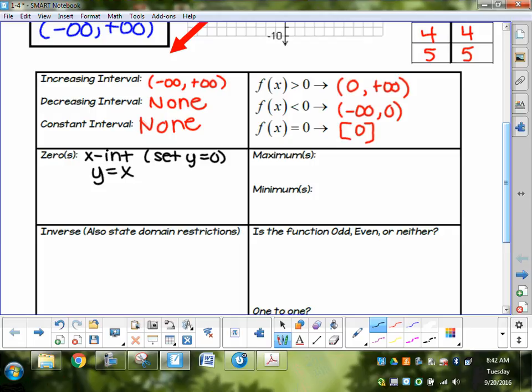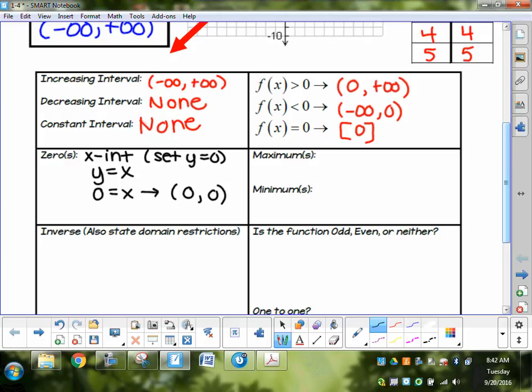Set y equal to 0, so 0 equals x. That means the zeros are the coordinates 0, 0, or x equals 0. There's some debate as to whether that's appropriate, but if it's asking for the zeros, you could say it's at 0. If it's asking for the x-intercepts, that's an ordered pair.